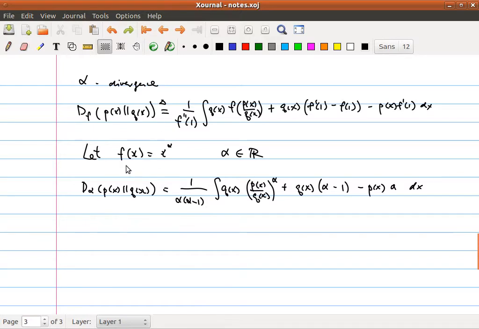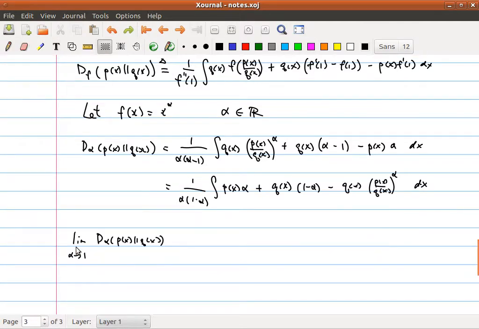Then let me substitute f into that, and we'll get this expression here. Let me rewrite it like this. This is a more commonly found form in the papers.